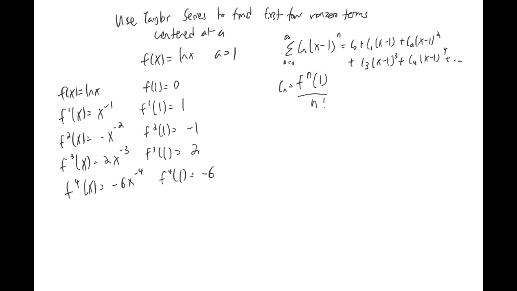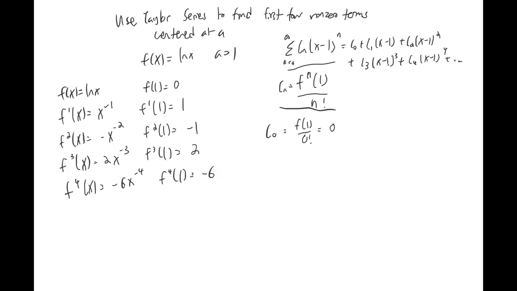And then we could find our C's. Like I said, everything is this formula and this formula. That's really all you need to know. C0 is f of 1 over 0 factorial. 0 factorial by convention is 1. So it's 0.